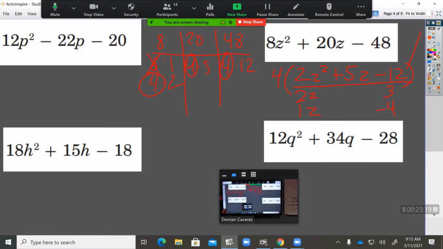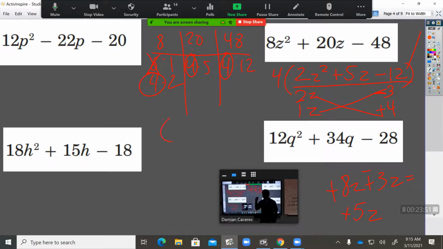Now in this case I put it wrong on purpose, so watch. Negative 4 times 2z, negative 8z. 1 times positive 3z. If you put these together, it gives you negative 5z. Is that the correct middle number? No. If the number's correct, but the sign is wrong, all you got to switch is the sign. So put the negative on the 3 and the positive on the 4. Now that'll give you positive 8 minus 3, which gives you positive 5z, the correct middle number.